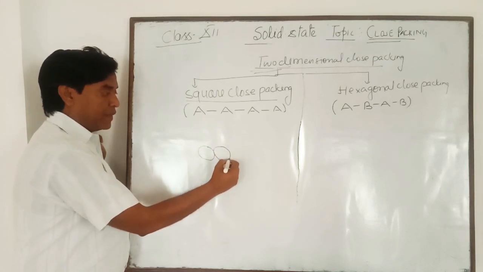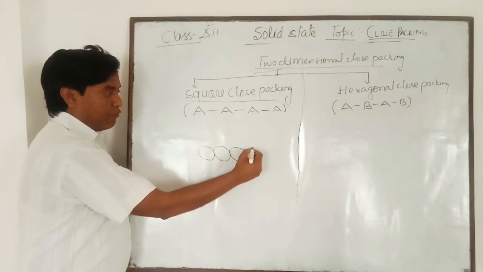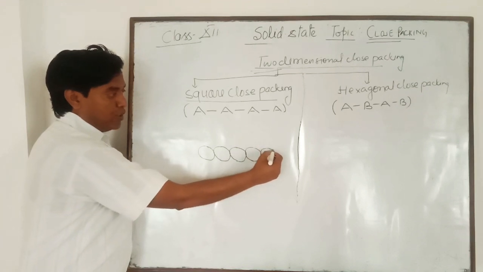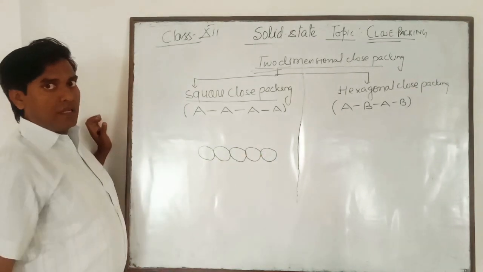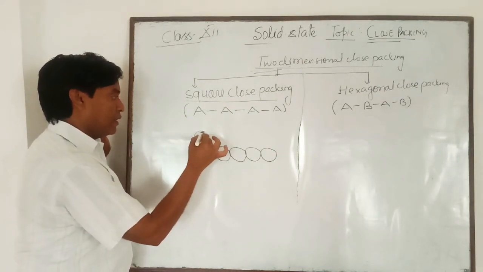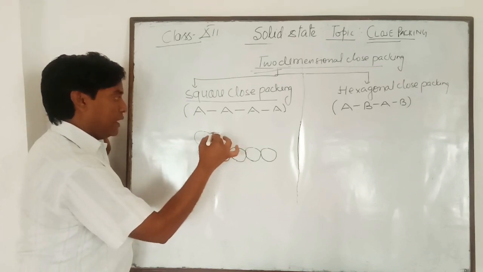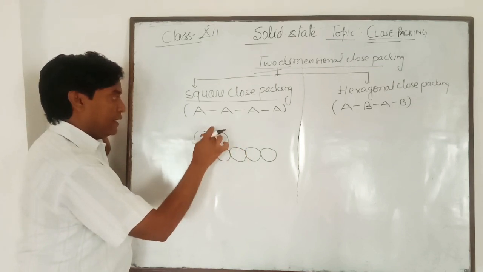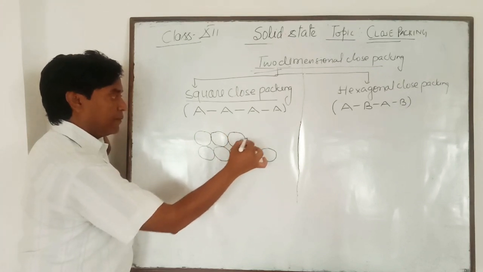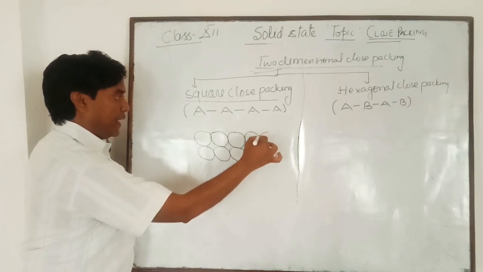See, this is an arrangement of spheres. Up to this moment, this is one-dimensional. But when we arrange a second row over it, then it creates two-dimensional packing.